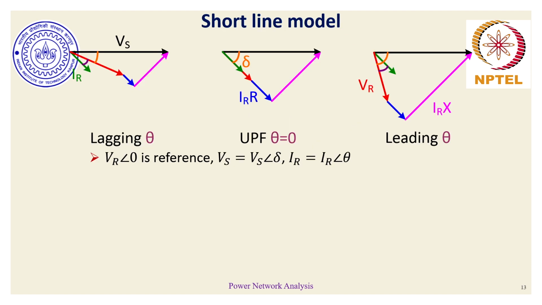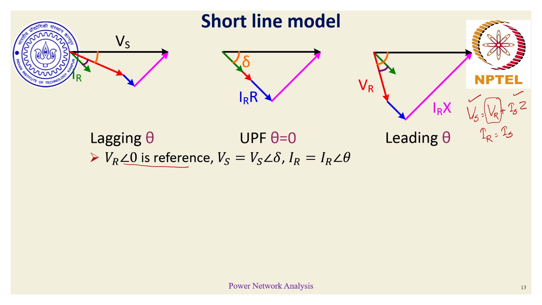The slide here shows the typical phasor diagram for the short line model. Remember, the phasor diagrams all come from the fact that Vs is equal to Vr plus Is into Z, and IR is equal to Is. Here we have chosen Vr, the receiving end voltage, as the reference for all phasor quantities in this equation.